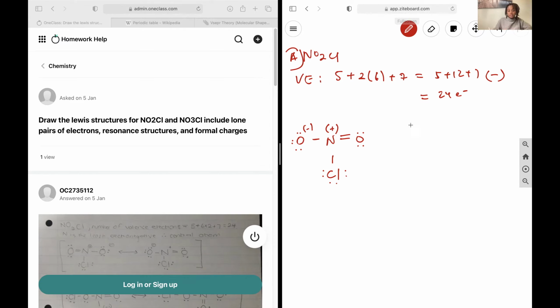And there actually is. For those who would have wondered why I chose this as the double bond, I could have as easily made this one the double bond, and that's actually going to be a resonance structure. And so now this nitrogen will be positive, this one will have a charge of 0, and this one will have a negative charge. And so these are going to be our 2 structures for NO2Cl.